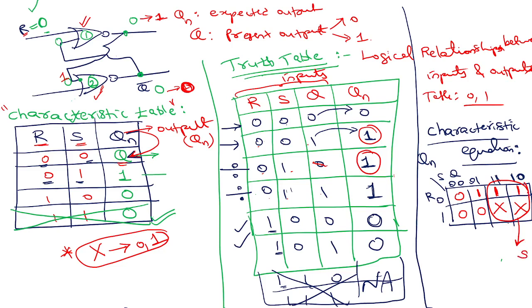So S. Then this pair: R is 0 and Q is 0. So Qn is S plus R bar Q. That is the Qn. This is the characteristic equation.